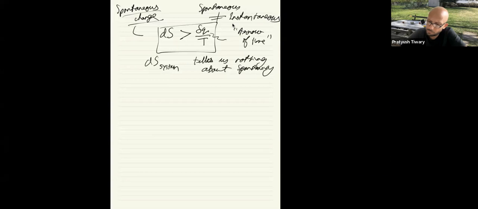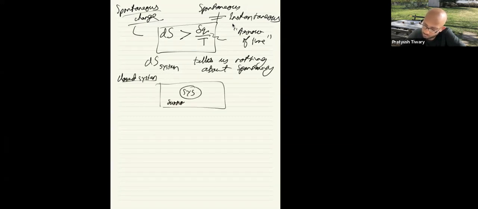However, if you were looking at a closed system where you have a system and you have surroundings, and the full thing is isolated, then delta Q of the system plus surroundings is zero, right? The full thing is insulated, nothing goes in.